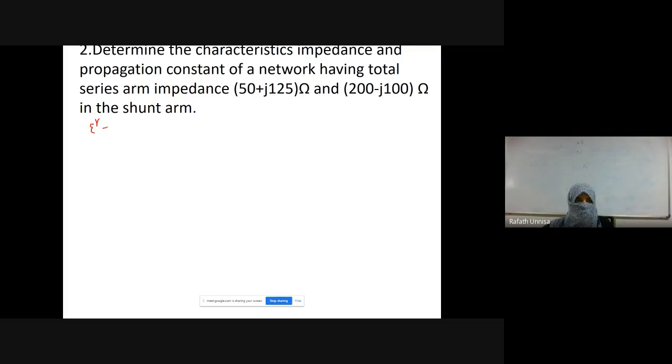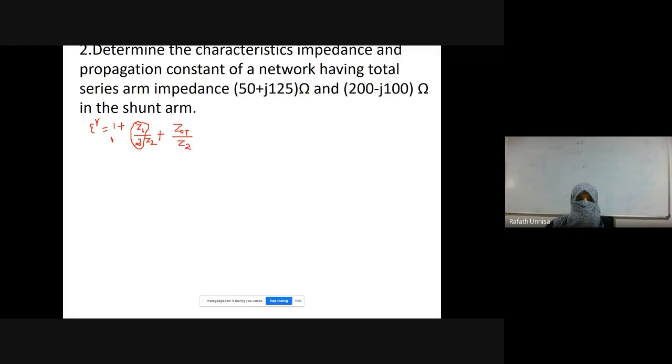Over here e power gamma is nothing but 1 plus Z1 by 2Z2, where I take Z1 by 2 as my series arm impedance, plus ZOT by Z2.